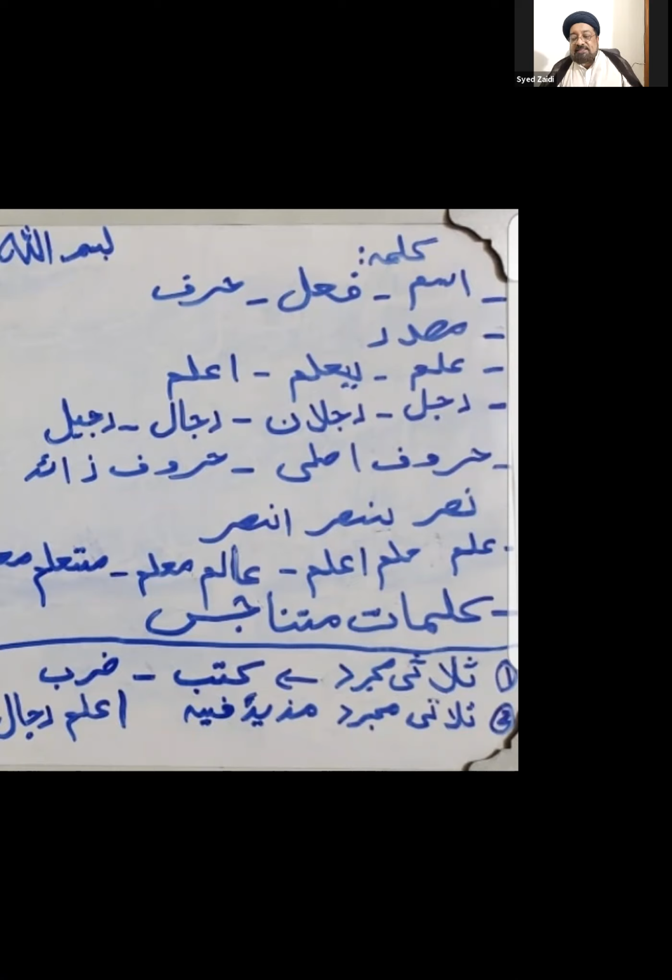So one of the ways is that you take all of the kalamate mutanajis, the words that belong to the same family, collect them, put them together, and pick all of the common letters that are repeated in all of the similar words belonging to the same family.